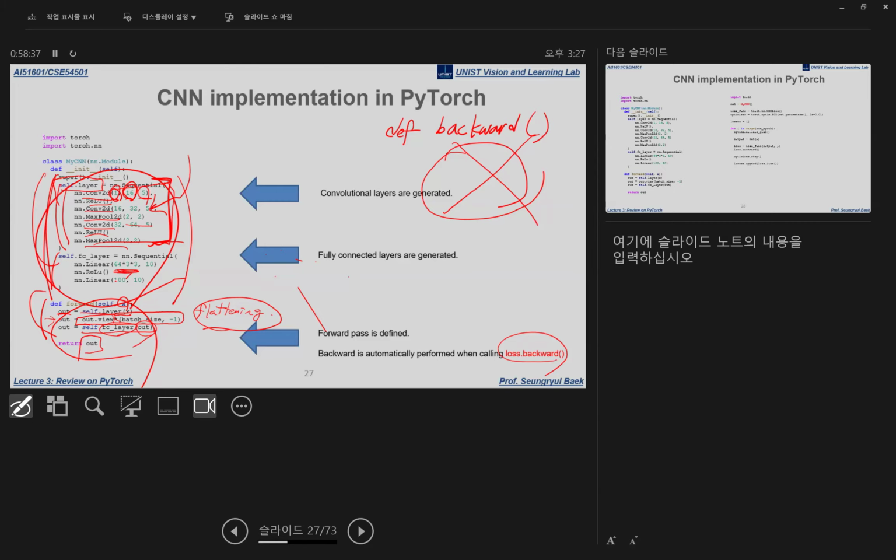If the dimensions are not the same, it will give you an error message. You have to carefully design their dimensions. That is the only thing you have to care about when implementing this type of network.